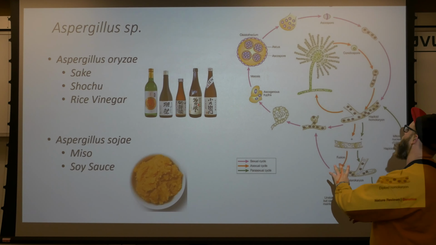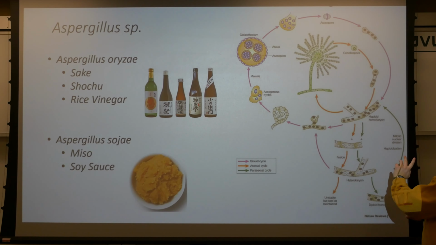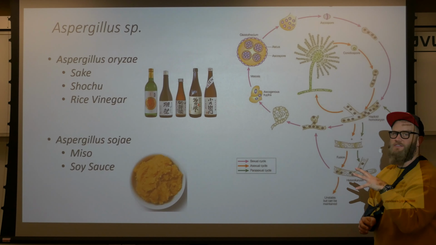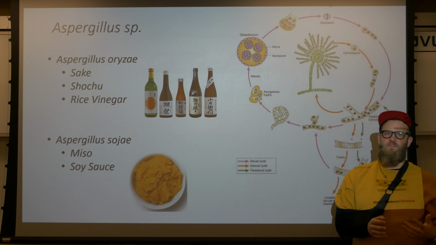And notice in this life cycle, we've got an ascus that forms, and ascospores. There can be a haploid, mycelial type of structure, and homokaryon actually, but we're not going to worry about that. Again, I'm not going to test you on this because it is complicated, but I wanted to show you some other types of life cycles that exist within Ascomycota.